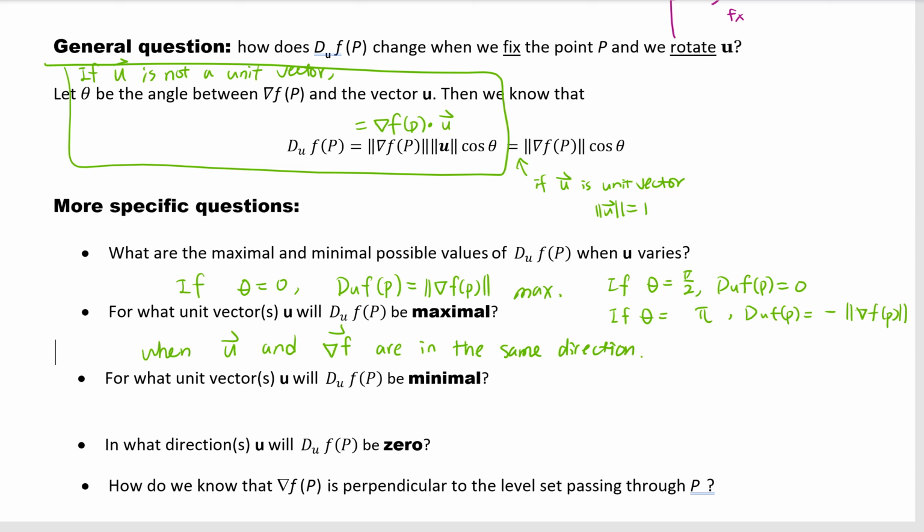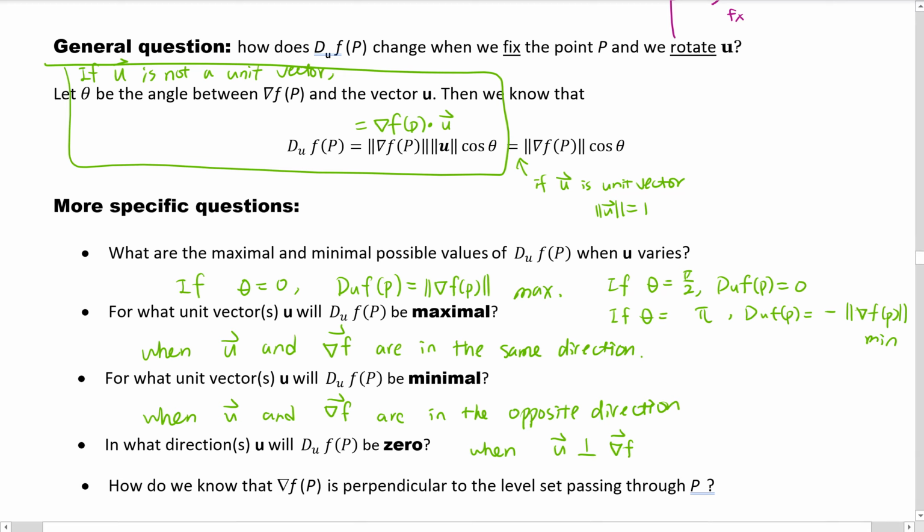To make the directional derivative minimal, u and the gradient of f must be in the opposite direction. In what direction will the directional derivative be 0? When they are perpendicular, so u is orthogonal to the gradient vector. So far, so good, everybody?